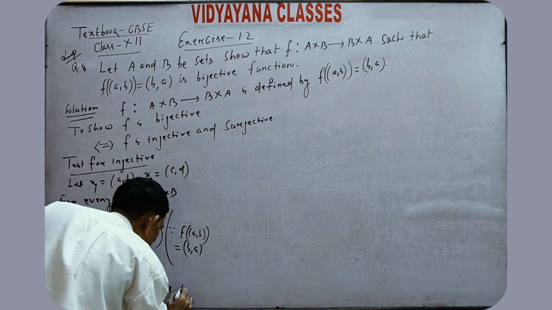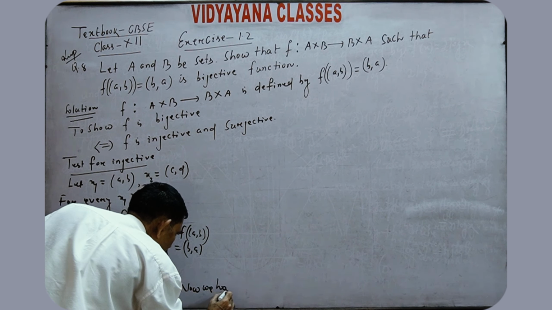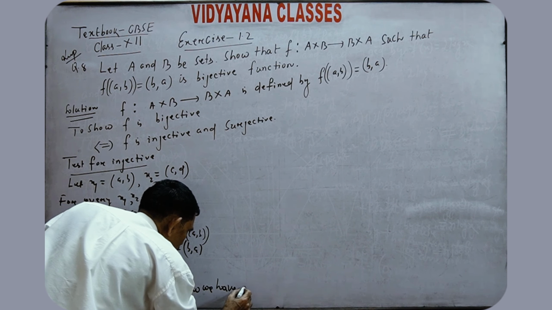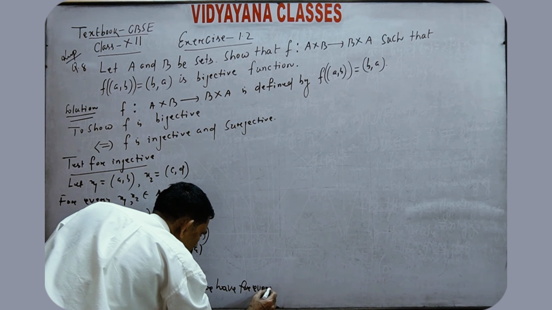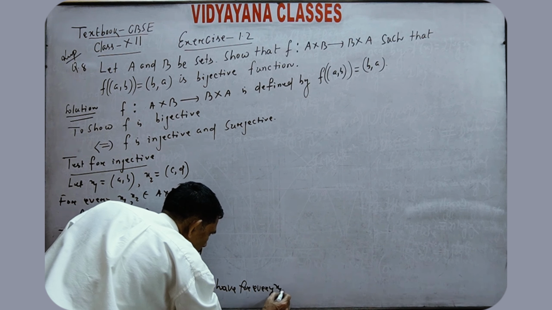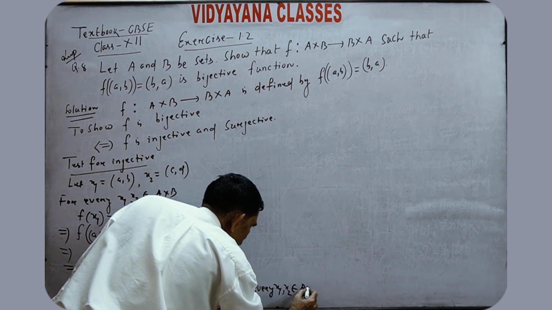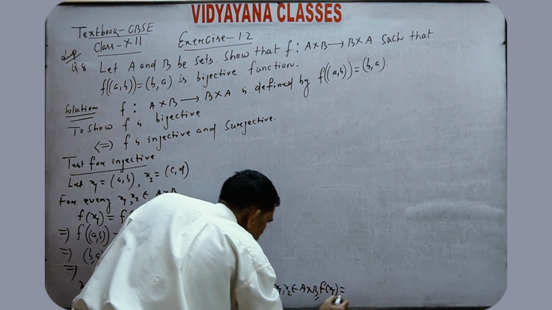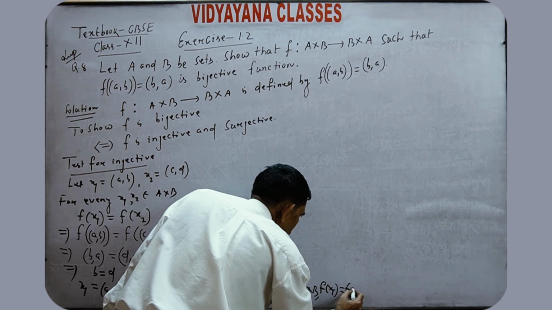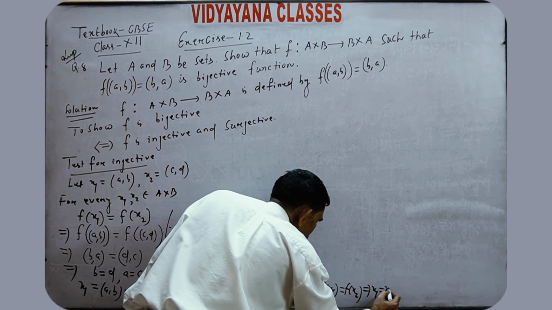Now we have for every x1, x2 belongs to A cross B, f(x1) is equal to f(x2) implies x1 is equal to x2.